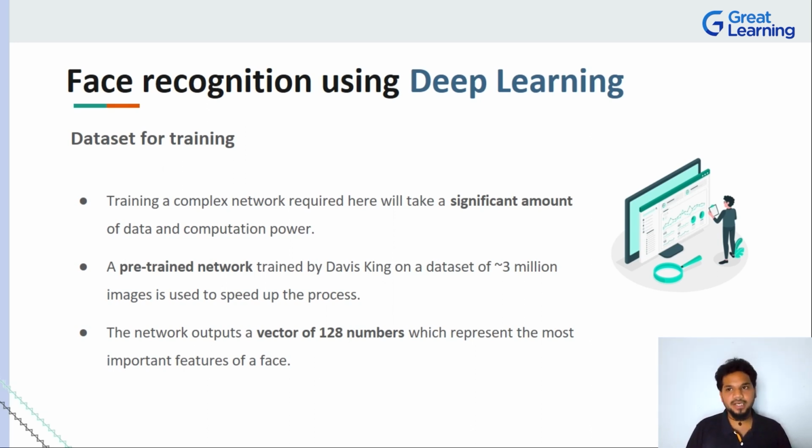But then you might have a question saying, okay, even if I showcase images to my neural network, how will it understand images? Right? It will understand images as numbers, as mathematics, as vectors, right? The output of the neural network is basically a vector that consists of usually somewhere around 128 numbers. And each of these numbers will represent an important feature of the face.